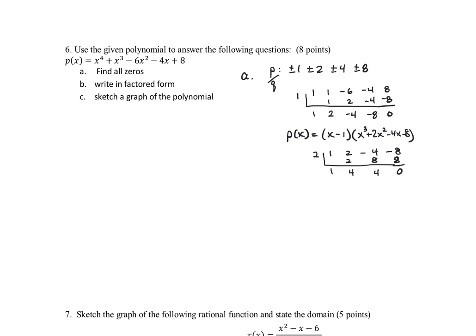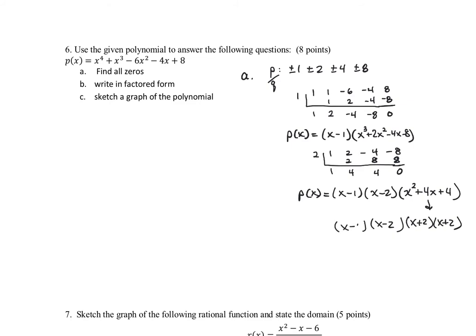Okay, it looks like +2 works. So we have another factor. So we first had x minus 1 from that first step, and now we have x minus 2, and then a smaller polynomial is formed from those coefficients, which is a quadratic factor. And then that can factor into x plus 2 times x plus 2.